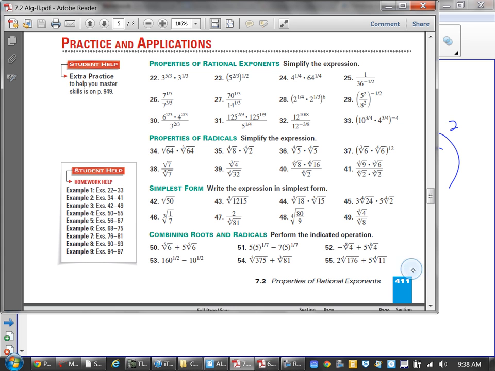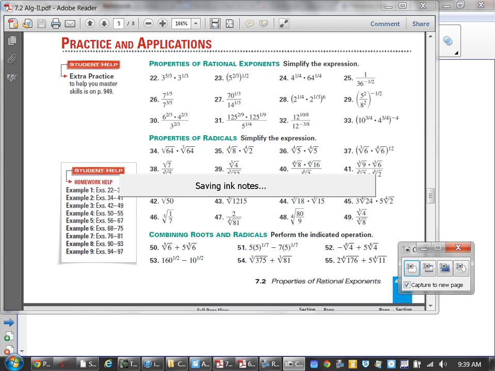Let's see the rest of that one. Now when you start getting into the next grouping, some of these you can't multiply together right away.